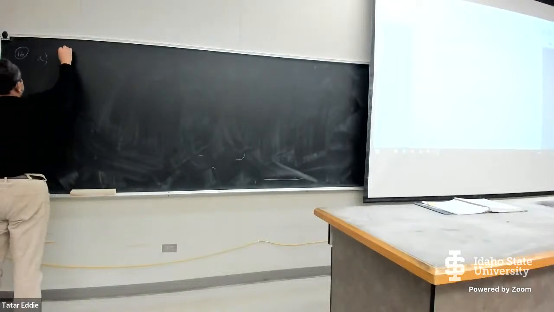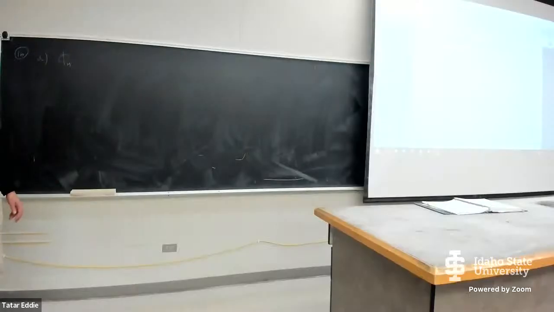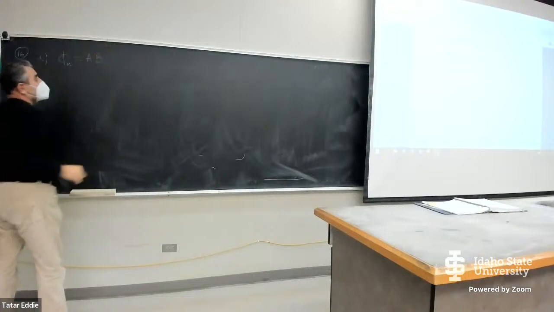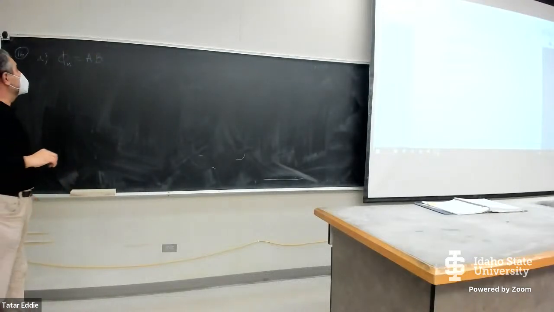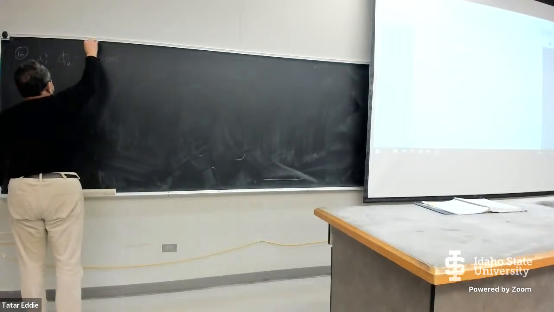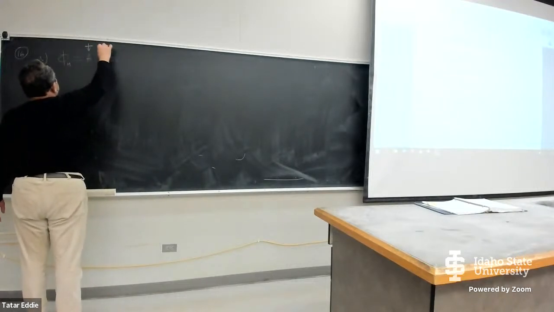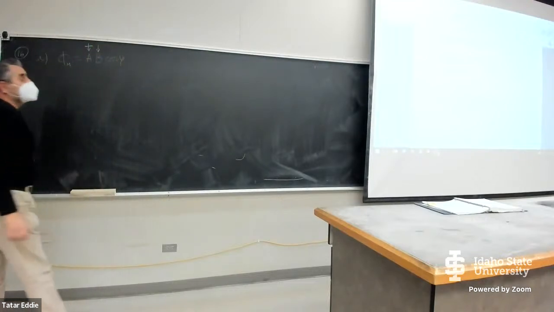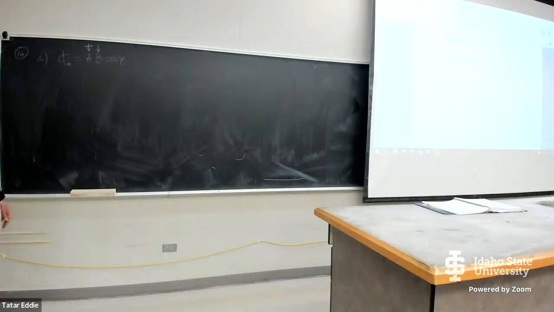So the magnetic flux for any area is equal to the area multiplied by the magnetic field for this area, multiplied by the cosine of the angle between the normal to the area and the magnetic field vector. This is the definition for magnetic flux.